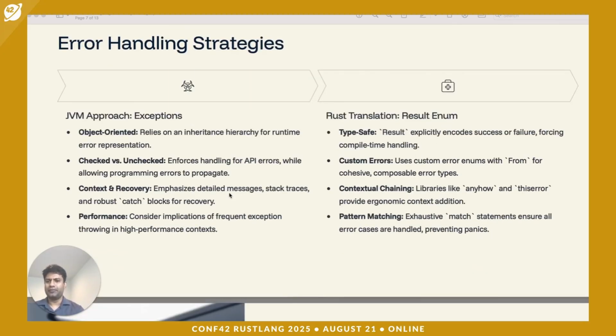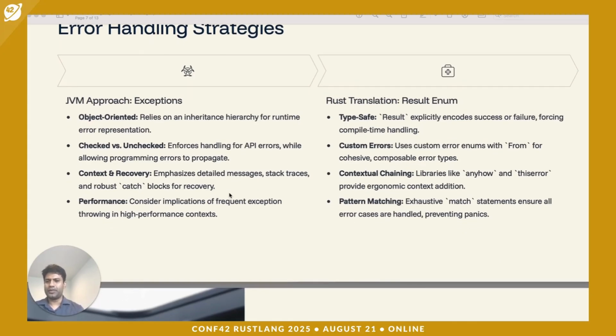And for every exception thrown, we emphasized detailed messages and the stack trace. We'll be able to identify the exact location of the issue and fix it. And also, while creating and catching the exceptions, we didn't compromise on performance. We considered the performance implications of exception throwing and catching.